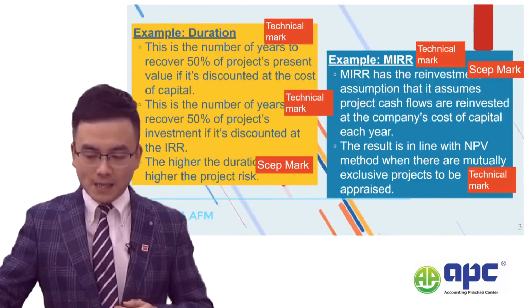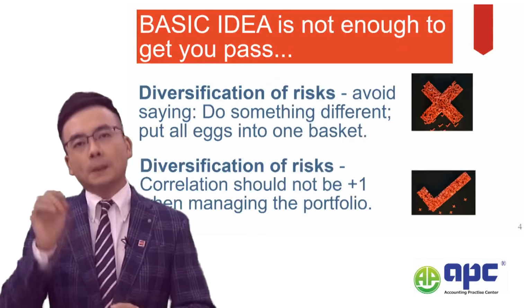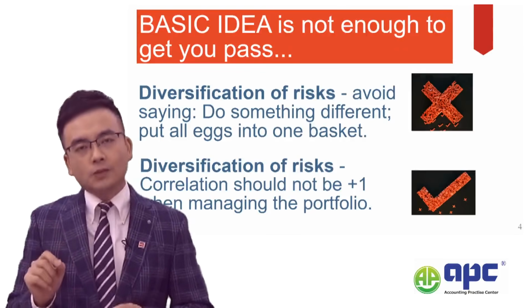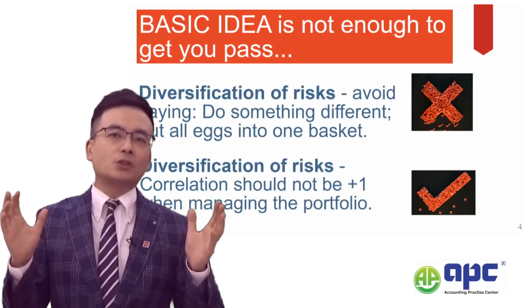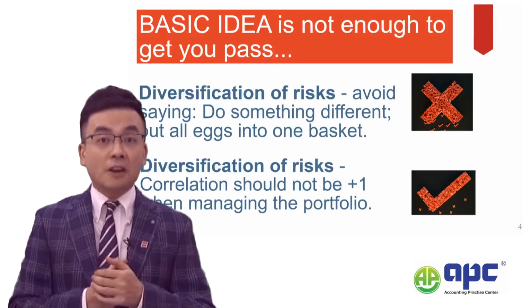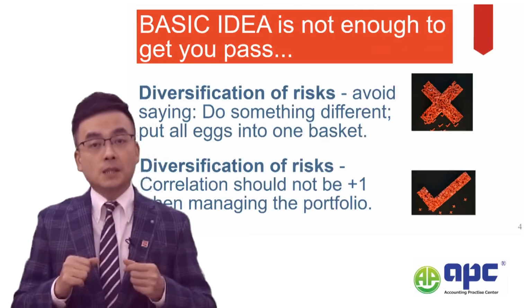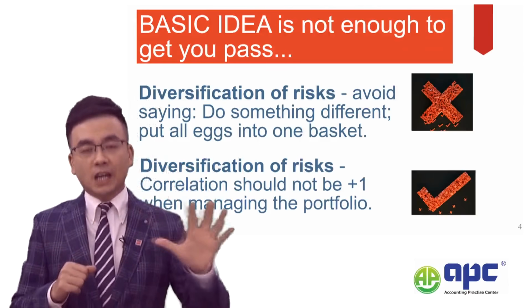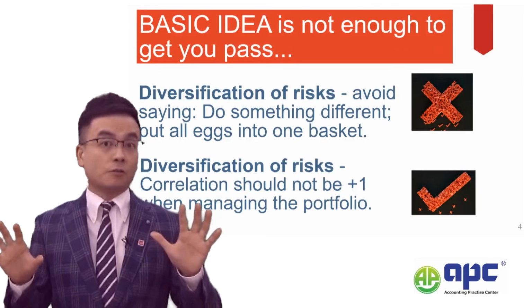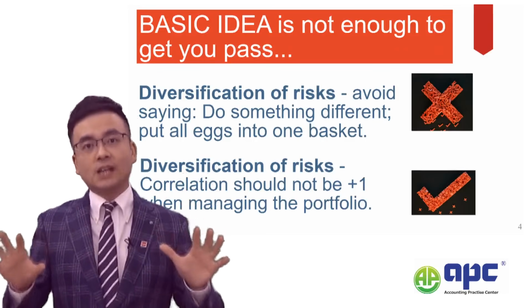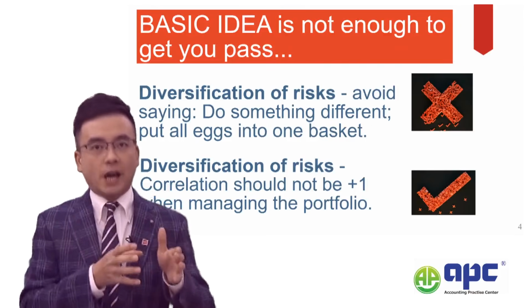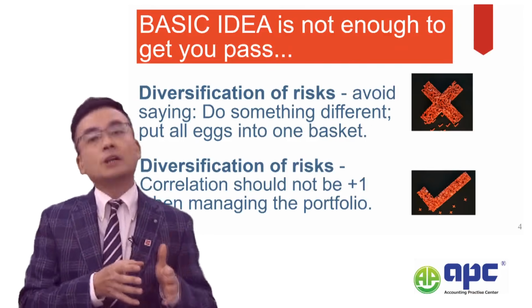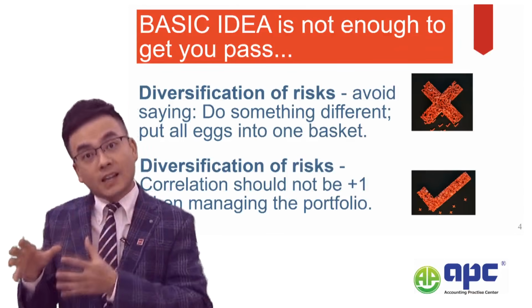Now, another tip I would like to share with you is that in this paper, the basic idea will not be enough to help you score a pass. For example, when I teach my students about risk diversification, because in this paper, risk diversification and the hedging of those risks will be heavily tested by the examining team, sometimes in the calculative part of your exam, sometimes in a narrative part.